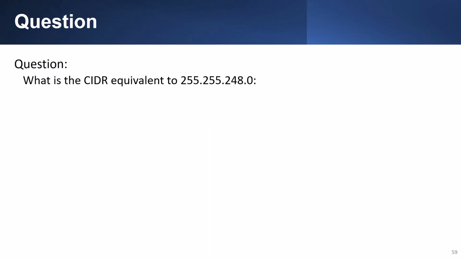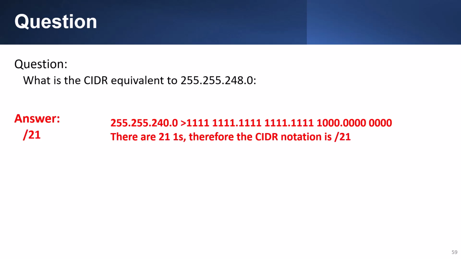Question: what is the CIDR equivalent to 255.255.248.0? Answer: /21.